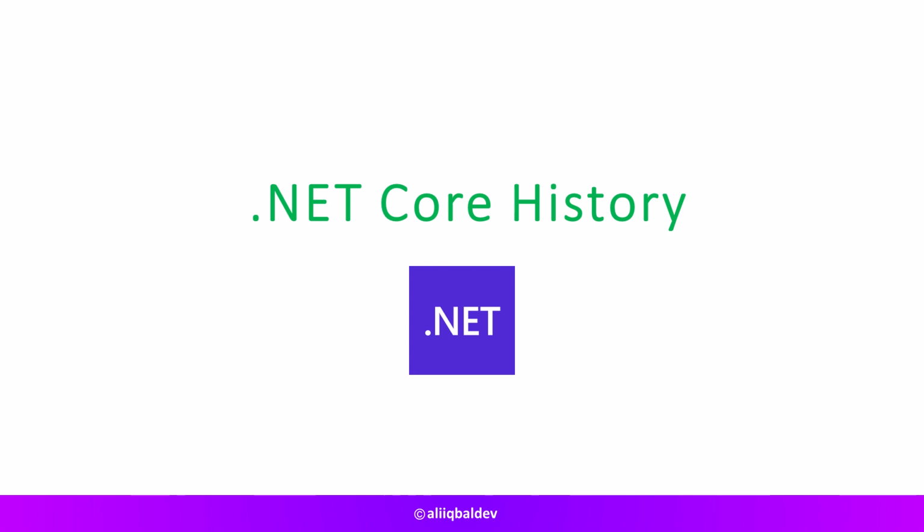Apart from new features, it was also the version where the unification of the different .NET platforms finally became a reality, although it had started with .NET 5. And again, a year later, in November 2022, Microsoft released .NET 7. I have put here that this is an STS release, a standard term support version. Again, more on that later.